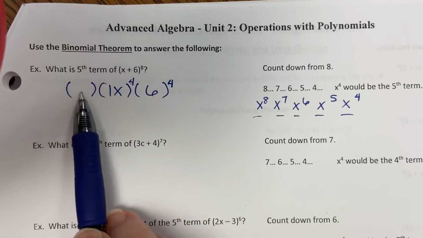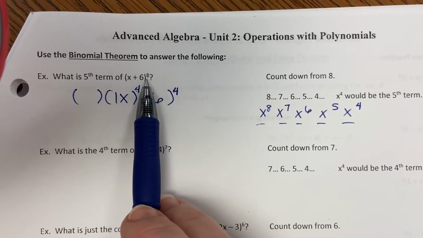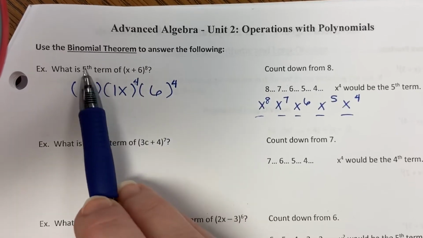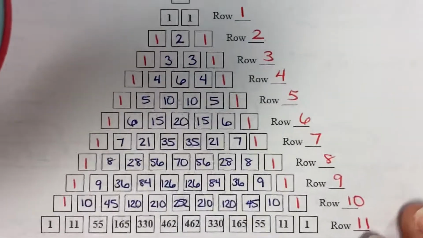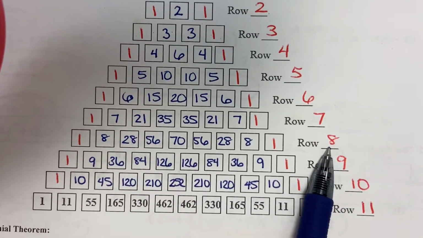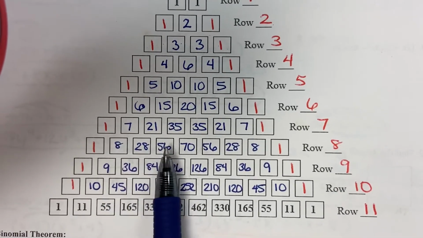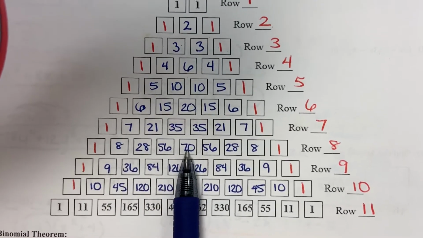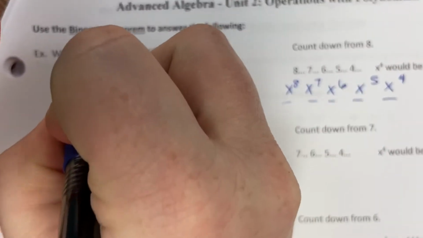Well, now we need to get our Pascal number. So this tells me I go to the 8th row, but I need the fifth term. So I'm going to go to my Pascal's triangle, go to the 8th row, and it's the fifth term. So 1, 2, 3, 4, 5, and that's a 70. So I'm going to come back to my problem. Sorry, I'm doing the best I can with this video. And I'm going to put a 70 here.